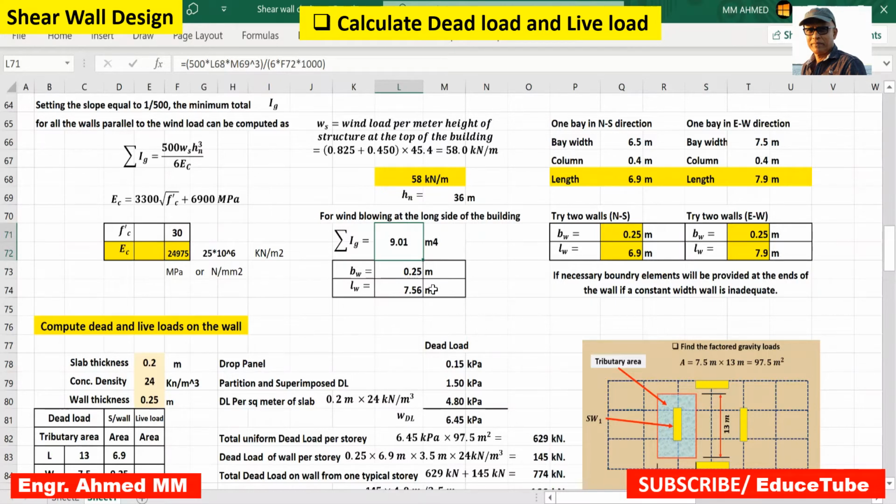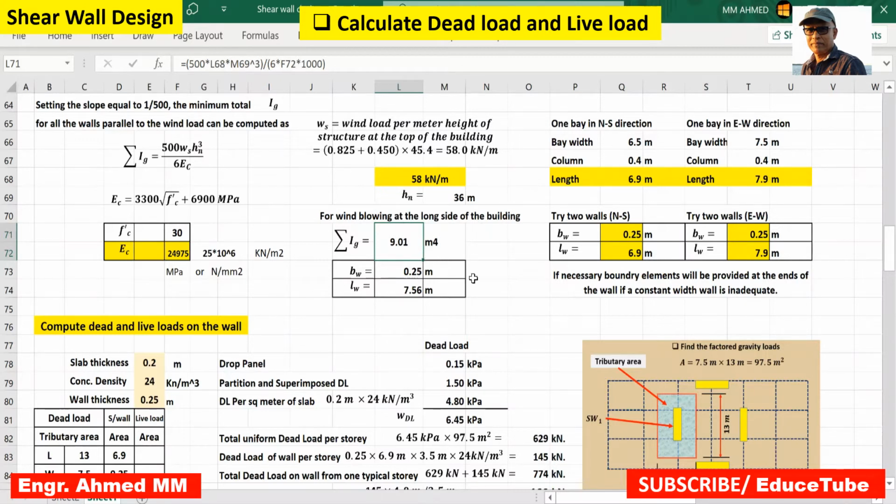So wall width is equal to 250 millimeter and LW 7.56 meter. It gives this amount of Ig. And this is the minimum Ig we can use, minimum.